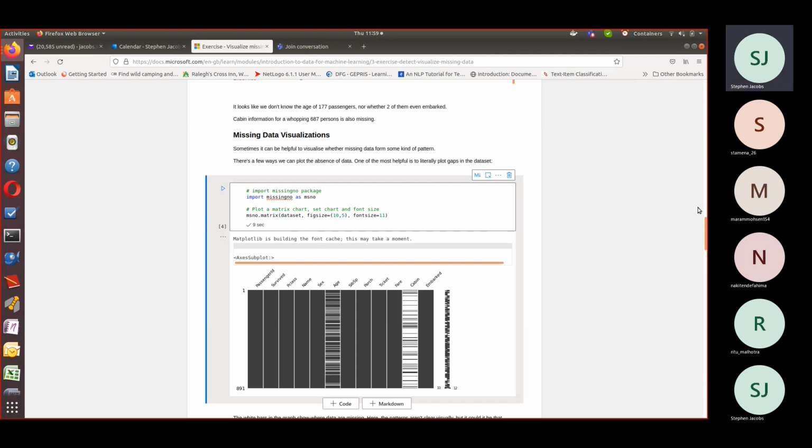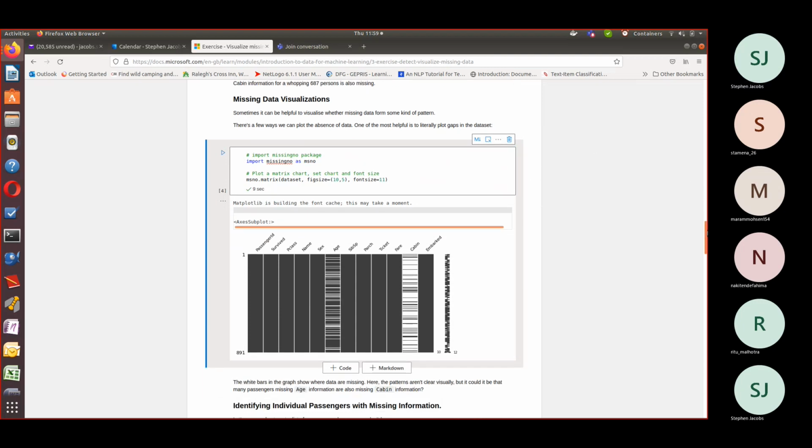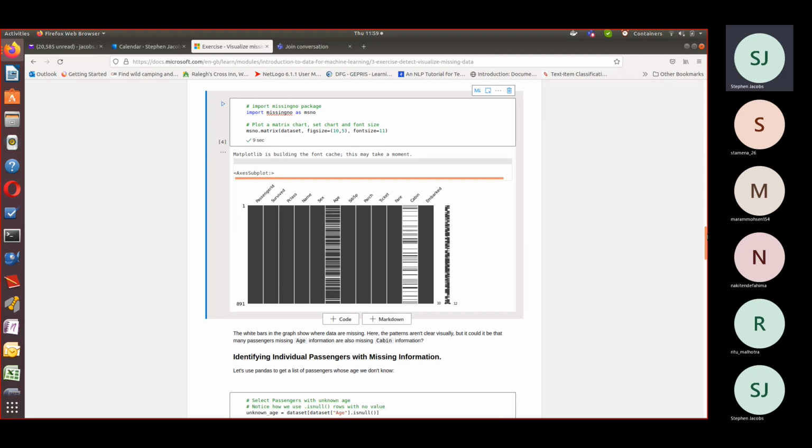And here we have it. That's a really interesting one, isn't it? That shows you what data we've got and what data we haven't got. We've got reasonably complete passengers, survivors. It's the age and the cabin number and where they embarked upon. Now we know that quite well. And then we've got our summary here. This is really useful information.